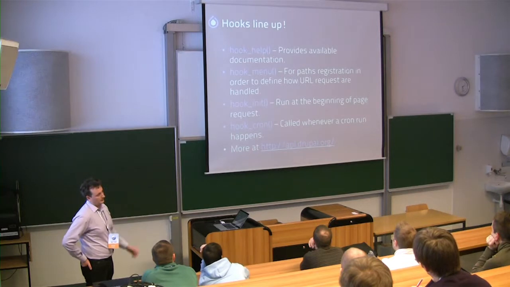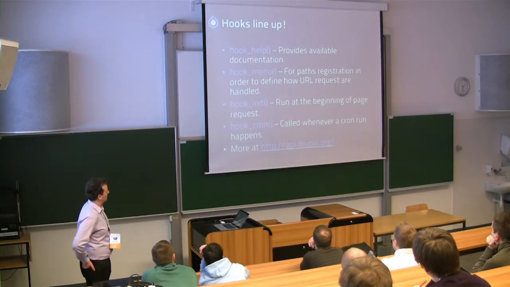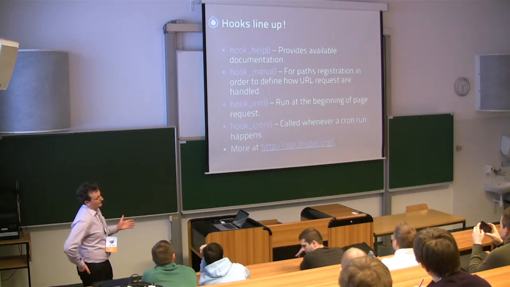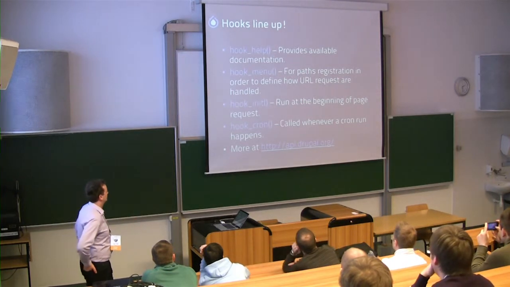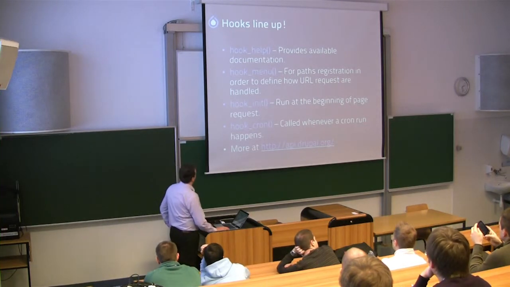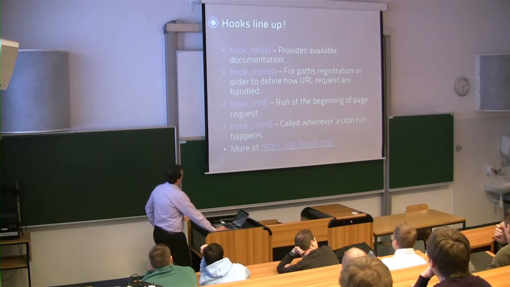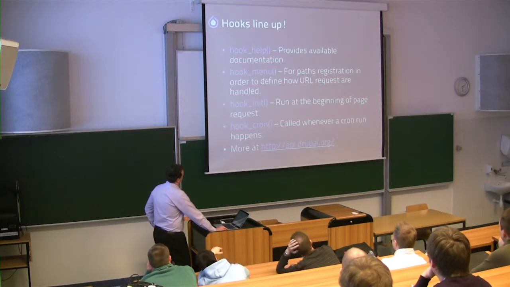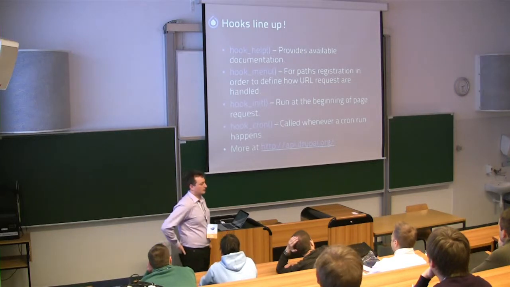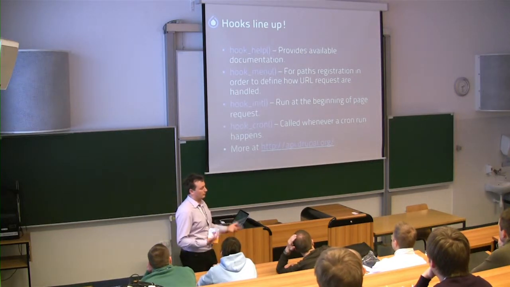Hook_help, for example, is a function that provides available documentation for your module. Inside hook_help, you just return a string that describes your module. Hook_menu, as I mentioned before, is for path registration. It's to define a new URL so that Drupal knows what to do when you open that URL.